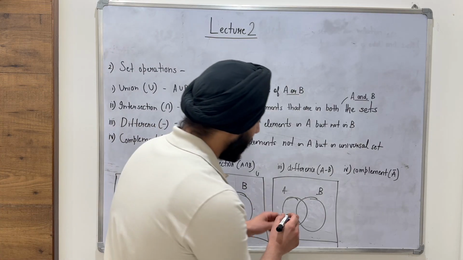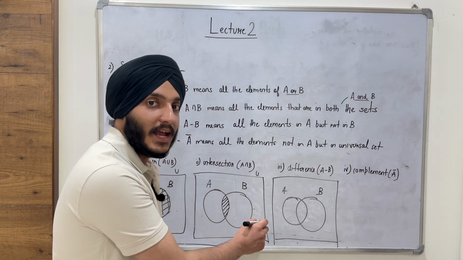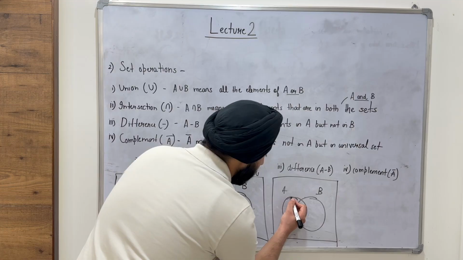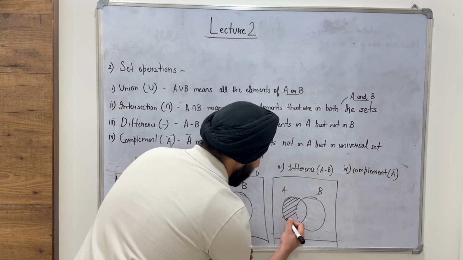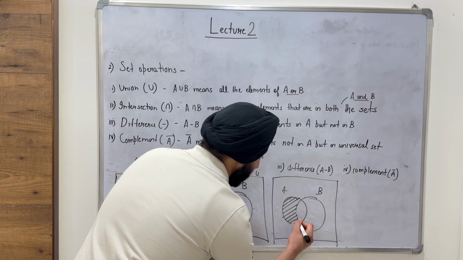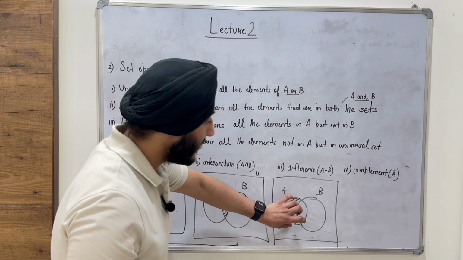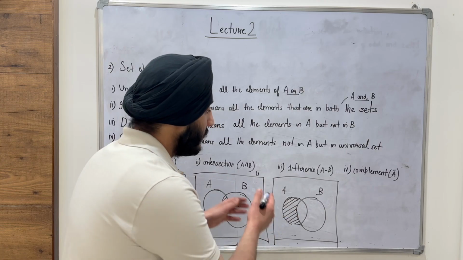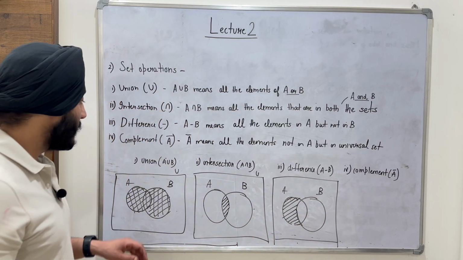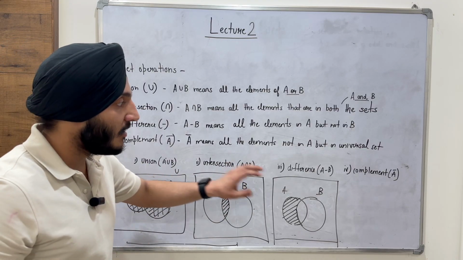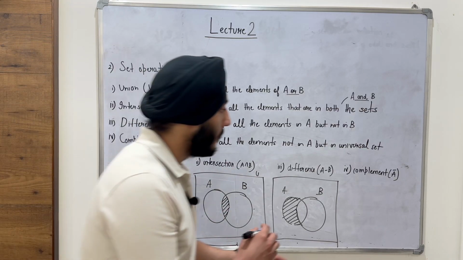What do you think are all the elements which are just in A? They're going to be this entire region over here. So this entire region is the one which is just in A but not in B. I hope that makes sense. So we have understood union, intersection and difference. Now let's try to understand the complement.